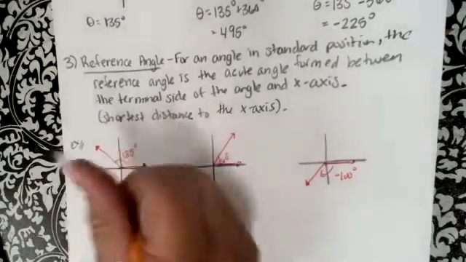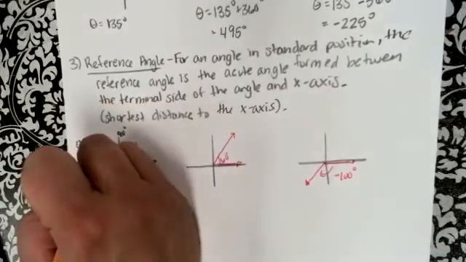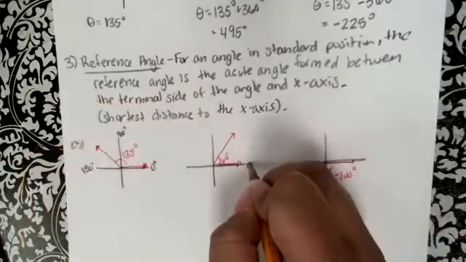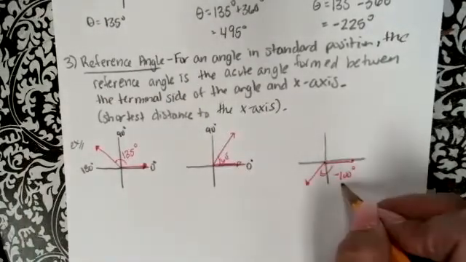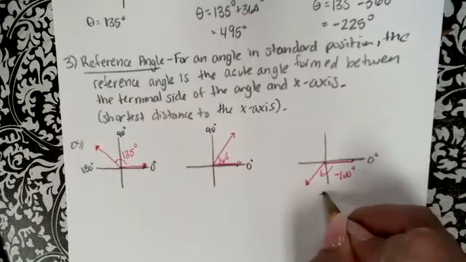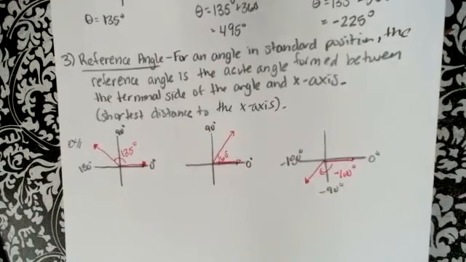If it helps, write your angles. Since this is positive, this is 0 degrees, this is 90, this is 180. This is 0 degrees, this is 90. Now these are negative because it's negative 100, so this is 0 degrees, negative 90 degrees, negative 180 degrees.